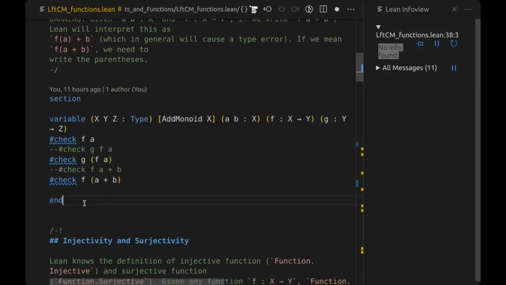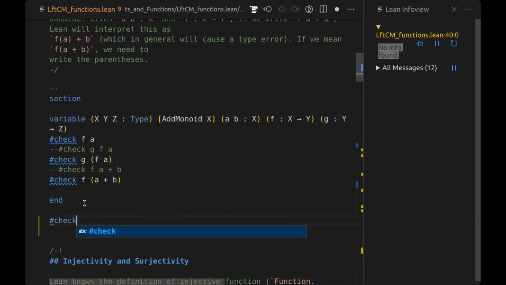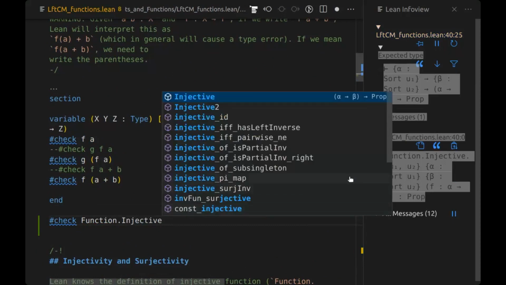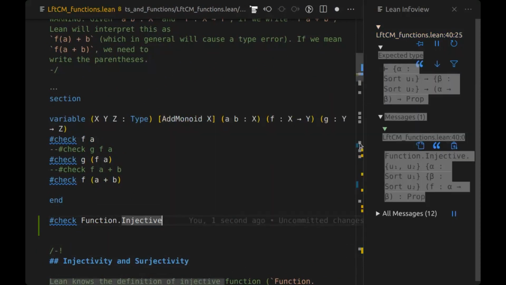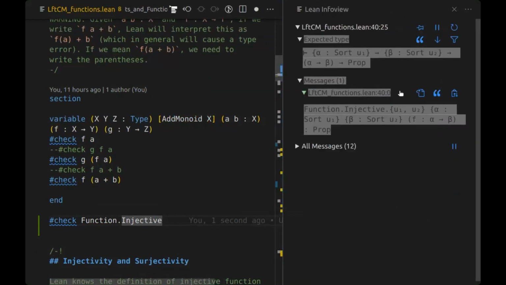So if we do check function injective, yeah, so here you can see the whole definition. So U1 and U2 are universes. So alpha and beta are any sorts or any types if you want, right?